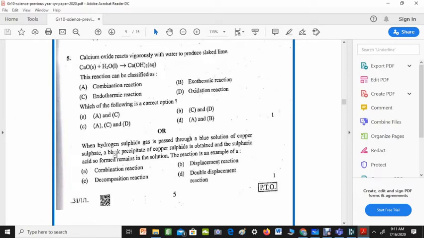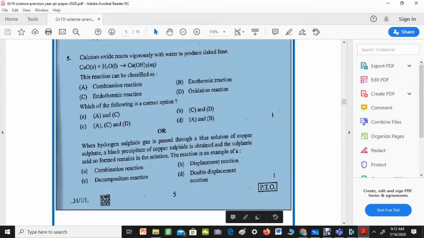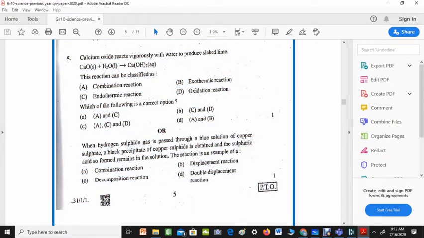And the next question, another question also given. The question is, when hydrogen sulfide gas is passed through a blue solution of copper sulfate, a black precipitate of copper sulfide is obtained and the sulfuric acid is also formed, which remains in the solution. So the reaction is an example of... I'm just trying to write a chemical equation for this reaction.